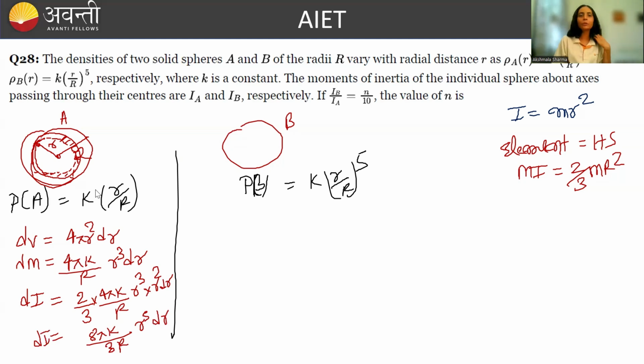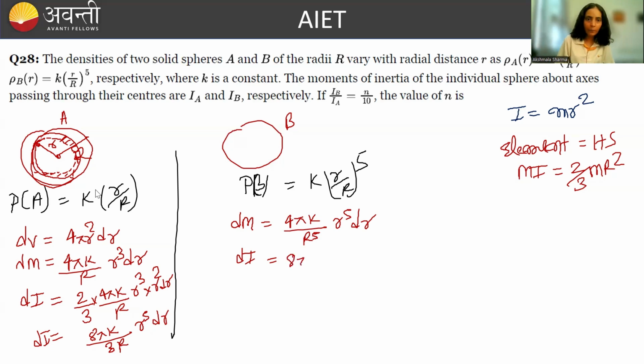And the same thing we are going to do for B. So again, for B, dm can be written as 4 pi k by r to the power 5, since the power of r given is 5, so the constant goes like this. And here you will write r to the power 5 dr. What will be the small moment of inertia? You will multiply 2/3 dm by r square.